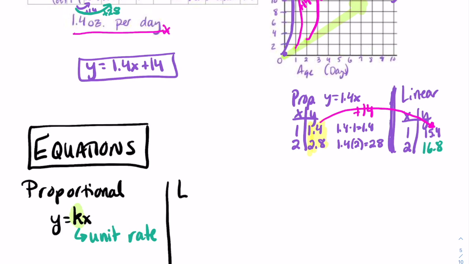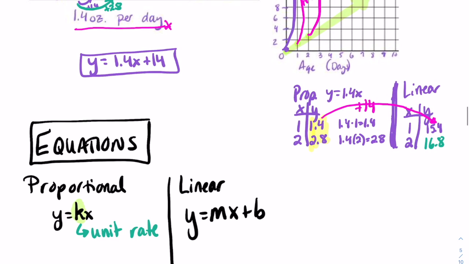And if it's linear, our equation is actually going to be y equals mx plus b. Now in this equation, right, we had y equals 1.4x. So in the equation from Maggie, we had this y equals 1.4x, and that 1.4 was our unit rate.